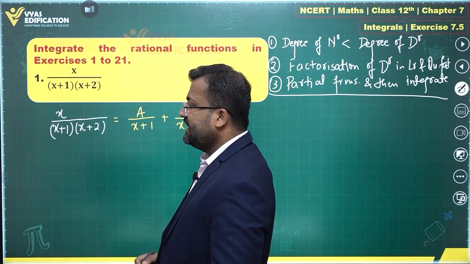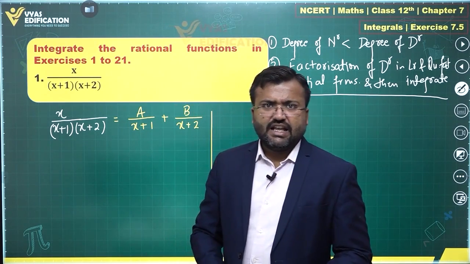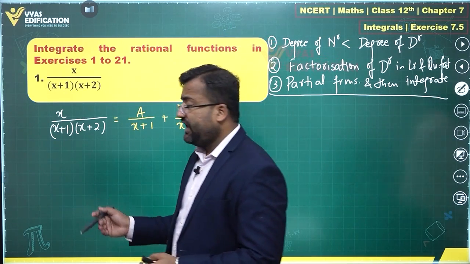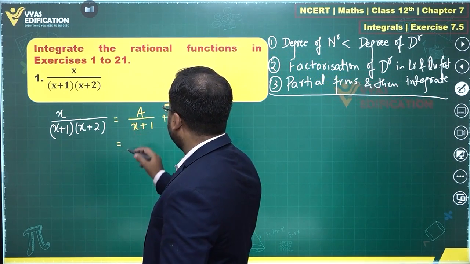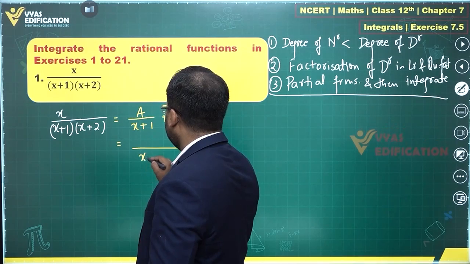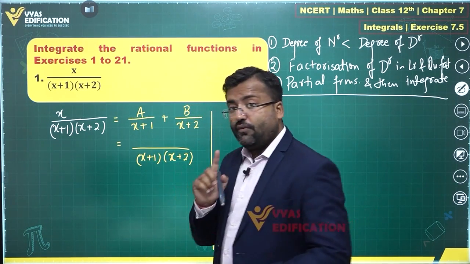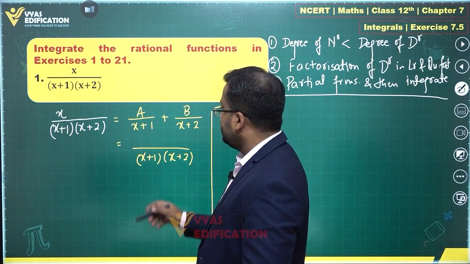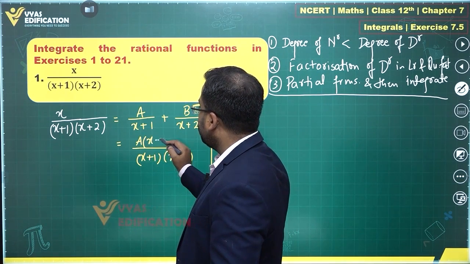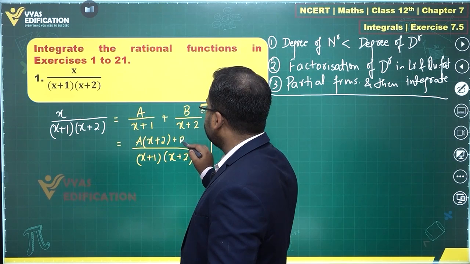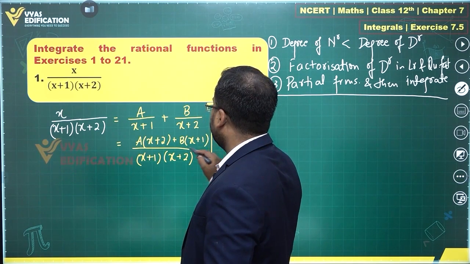And how do we deal with that? There are some shortcuts, yes, but other than that, let's simplify this over here. To find the values of A and B, we write it as this, and this tells me A times (x plus 2) plus B times (x plus 1) is there in the numerator.